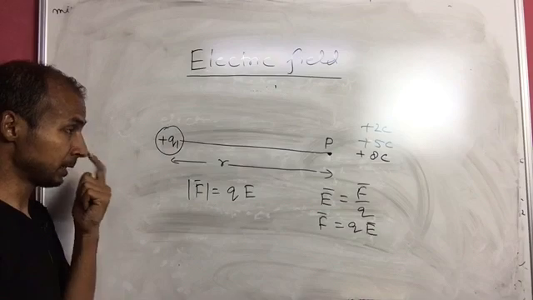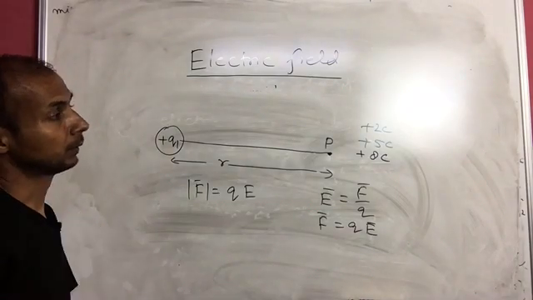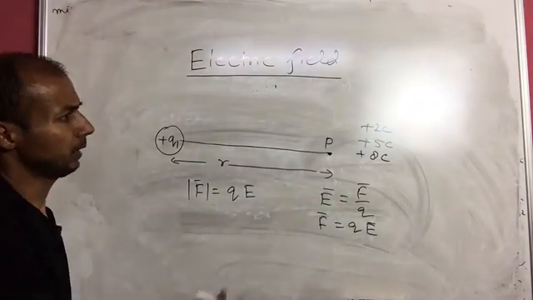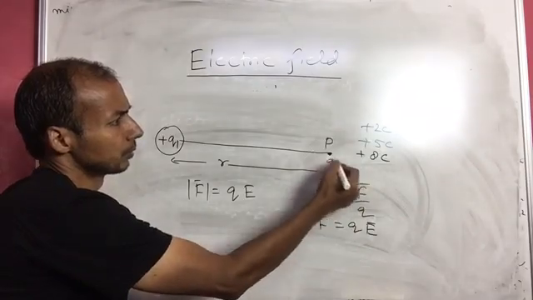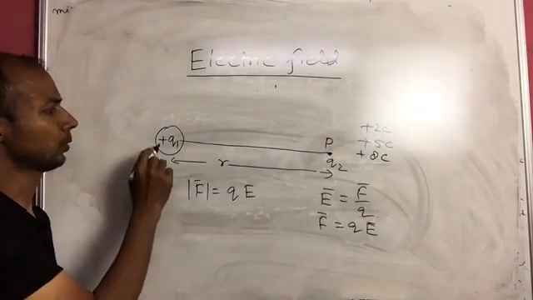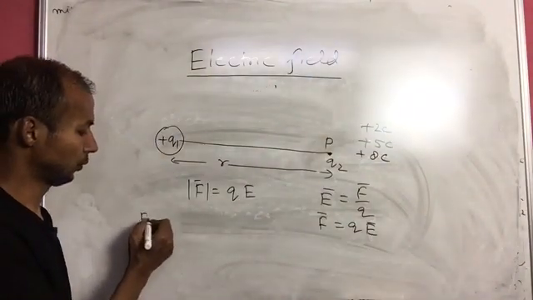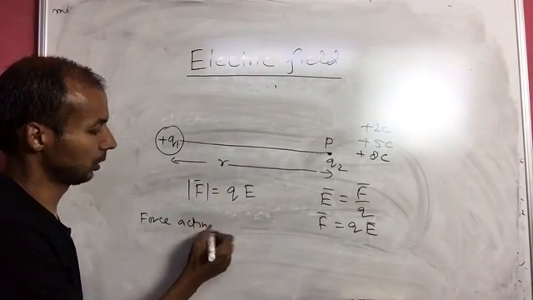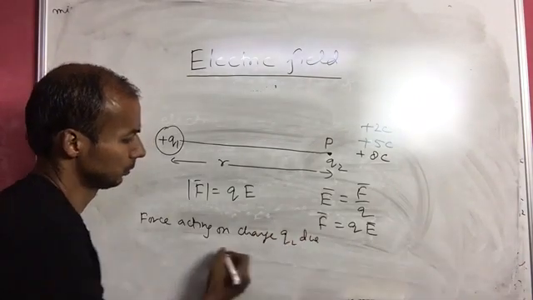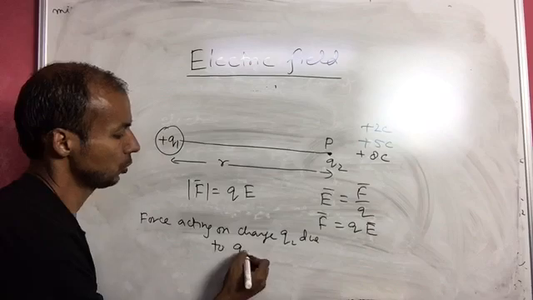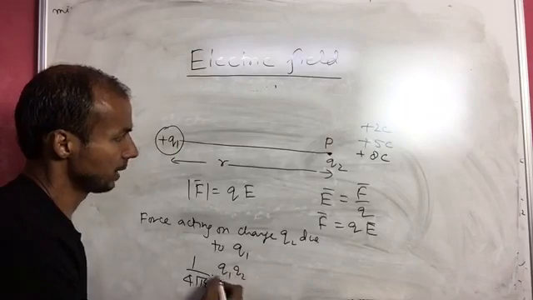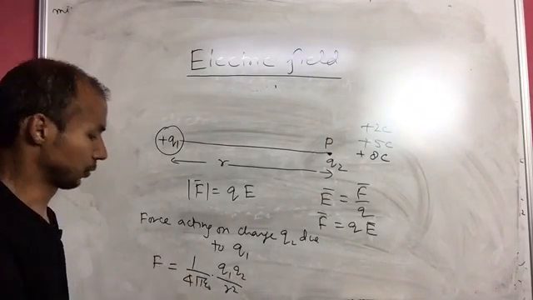Okay, so now let us calculate what is the electric field at point P. So let's say if you put a q2 charge at point P, that q2 can represent any of these values, then how much force q1 is applying? So force acting on charge q2 due to q1, this is 1 by 4 pi epsilon naught q1 q2 by r square, that is the force.